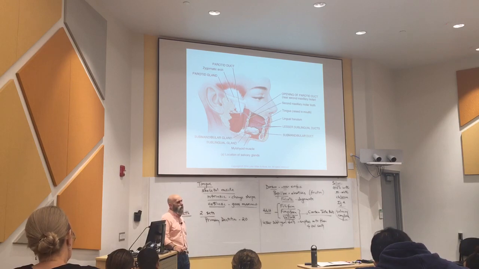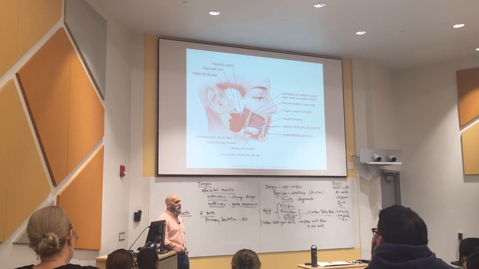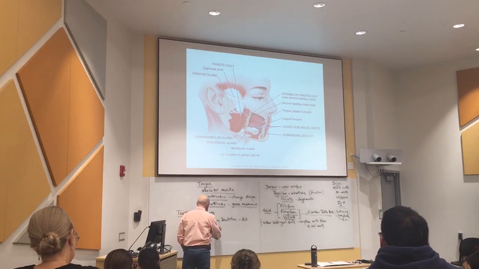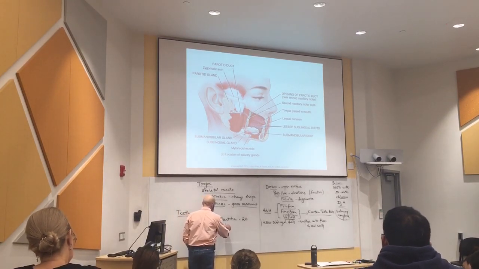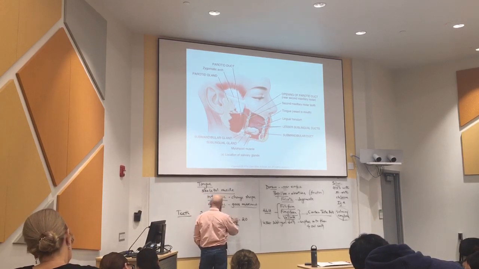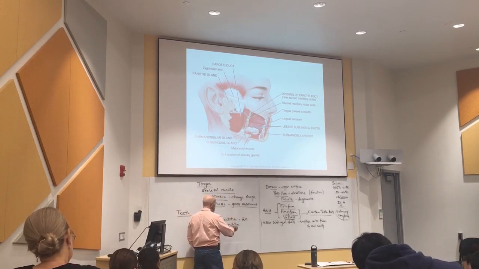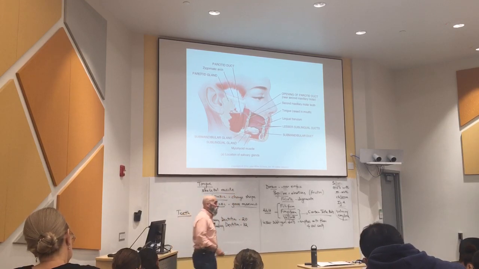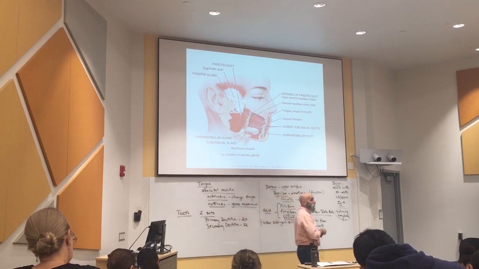That's an average number. There's 20 teeth in the primary set, and then there's a secondary dentition, or you could call it the permanent dentition. There's other names for these: adult, permanent, primary, baby teeth, deciduous teeth. There's 32. So 32 teeth in your secondary adult dentition.